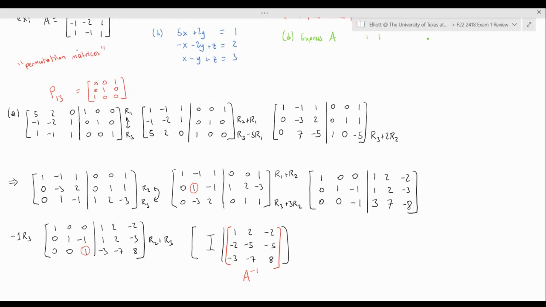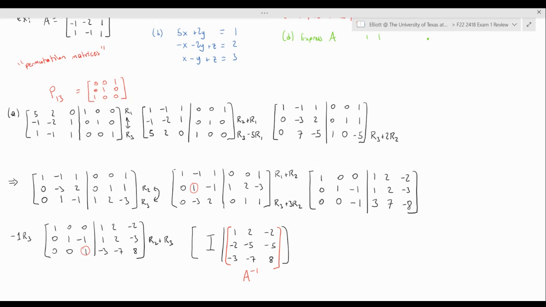So if you want to give this matrix a name, you might use P because it's a permutation matrix, okay? All right, so then we did a couple more. Now remember that when you multiply a matrix on the left by an elementary matrix, it has the effect of performing the corresponding row operation.